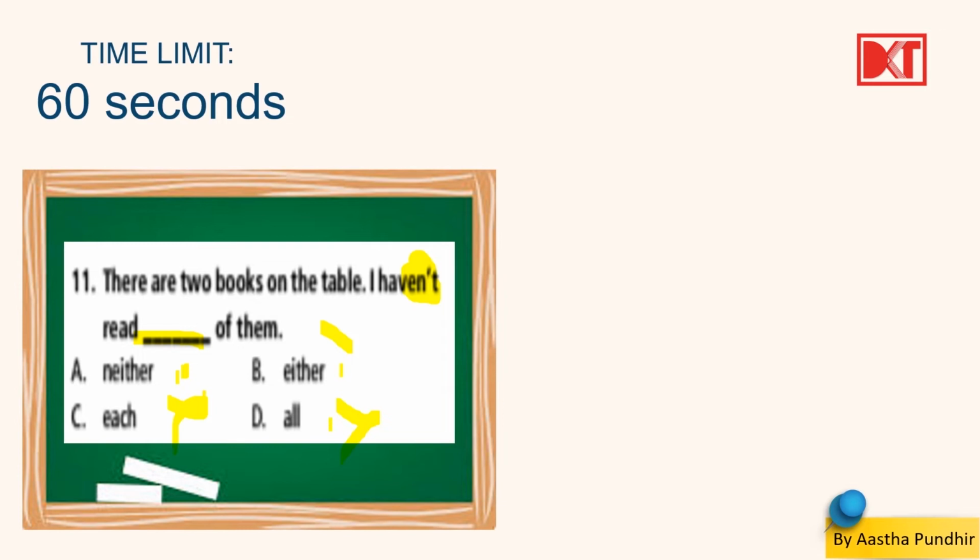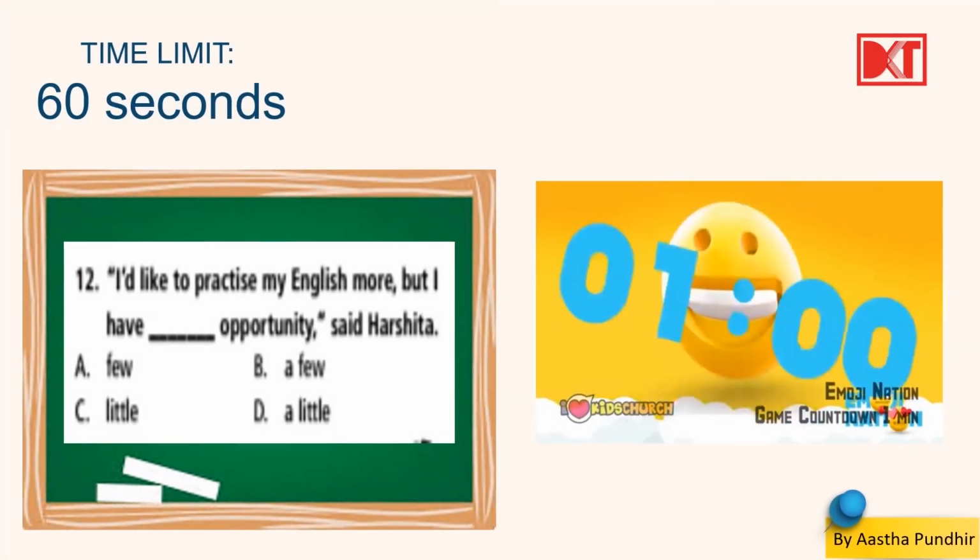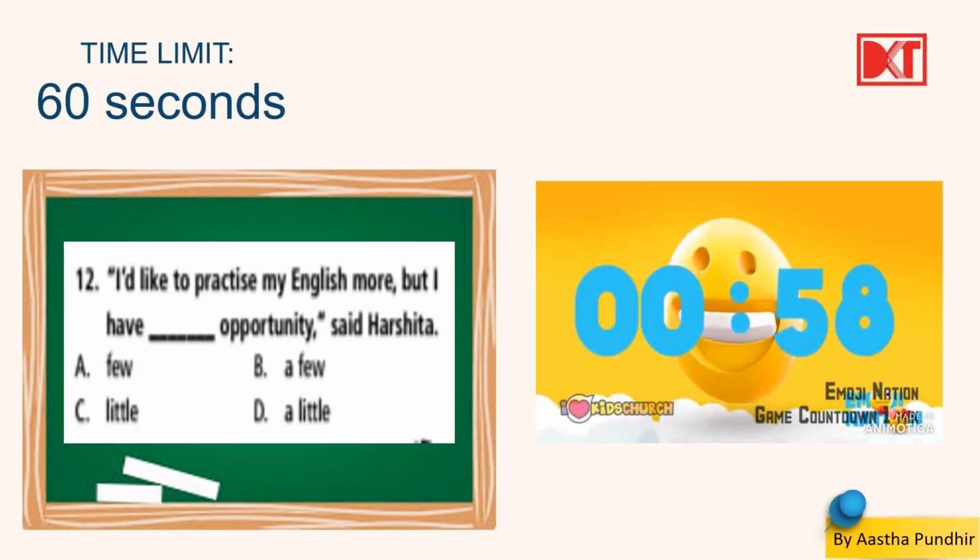So we say, I haven't read either of them. If it were I have read here, we would use neither. But here it is I have not, so we use either. So I have not read either of them. So your time starts now.